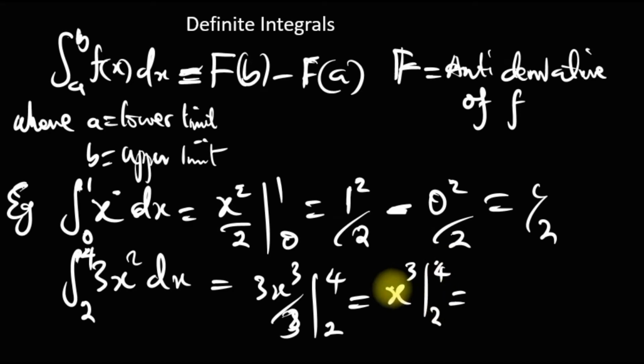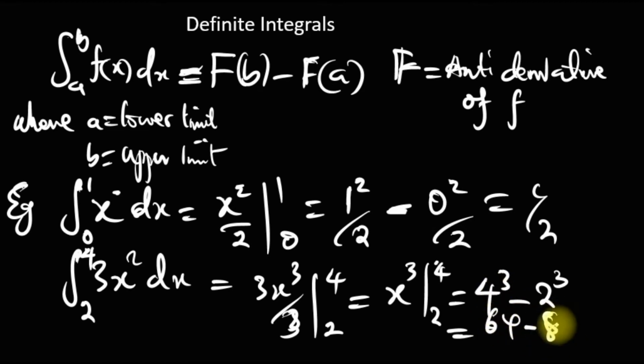So this means now substitute this. Our F is x raised to power 3. So substitute the value 4 raised to power 3 minus 2 raised to power 3. So that's our answer, which is 64 minus 8, which is 56.